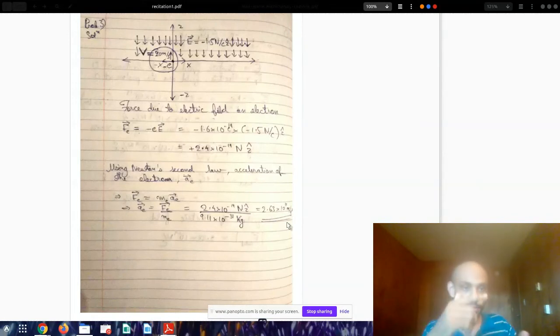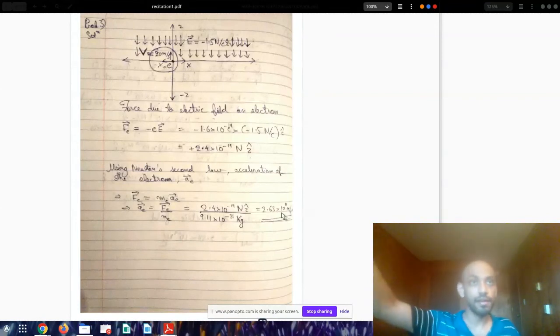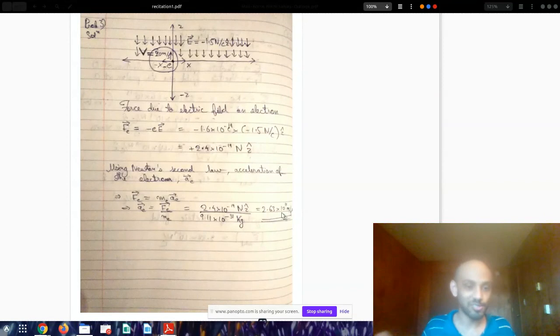So I have the initial velocity and I have the acceleration. So if you know the initial velocity and you know that the acceleration is this value, 2.6 times 10 to the 11 meters per second square in the positive z direction. So if you have a body that's moving at a constant acceleration, Newton has given us the laws of motion, so you could use those laws of motion and calculate the final velocity of the electron.